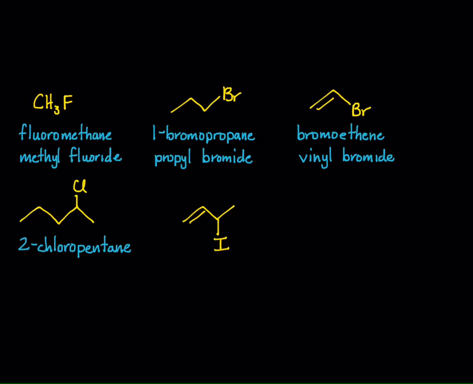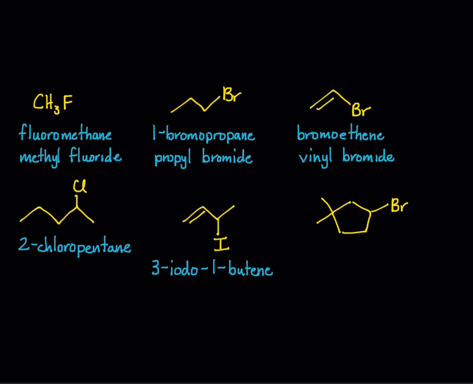Again, notice the alkene takes precedence in terms of numbering. So this is a 4-carbon chain. I would number it starting at the left-hand side with the alkene carbon number 1, and then the carbon with the iodine on it would be carbon number 3. So this would be 3-iodo-1-butene.